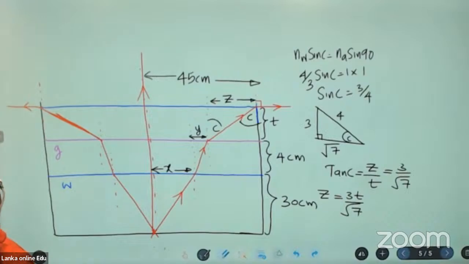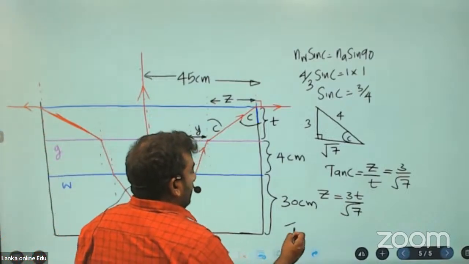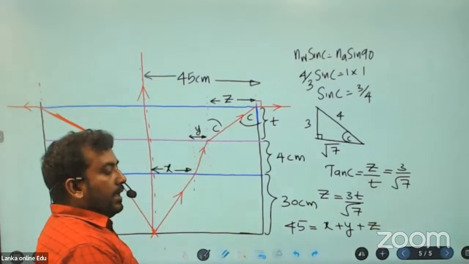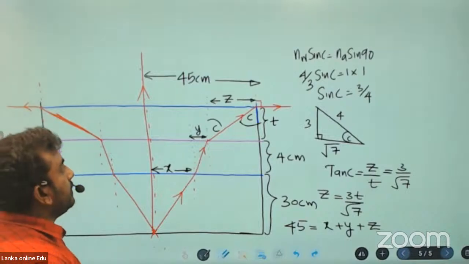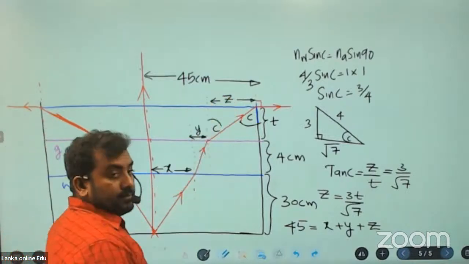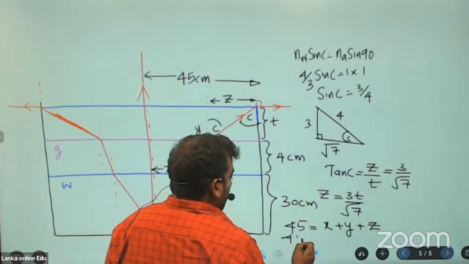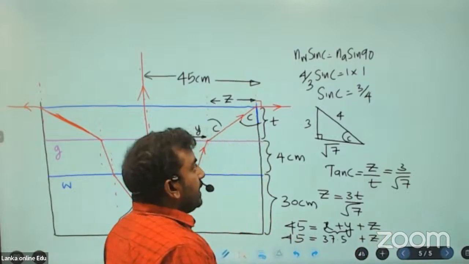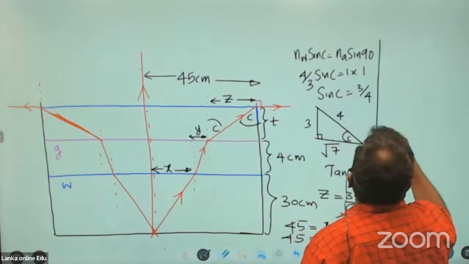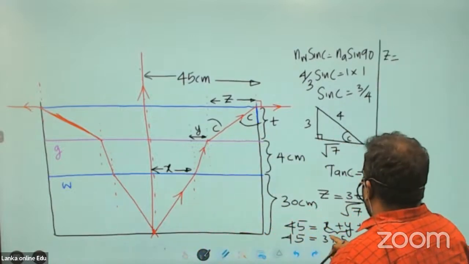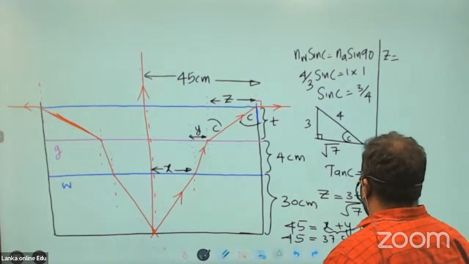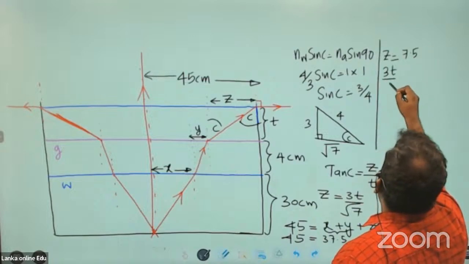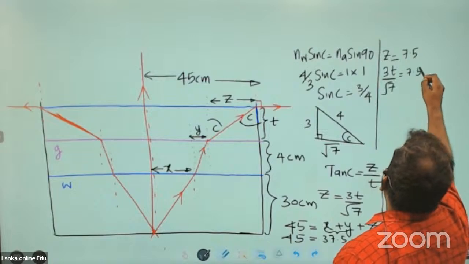Now if you take the radius completely, 45 centimeter is X plus Y plus Z. Here 45 is X plus Y, which is 37.5, plus Z. Z you can separately find. 45 minus 37.5, that's going to be 7.5. Here 3T over root 7 equals 7.5.